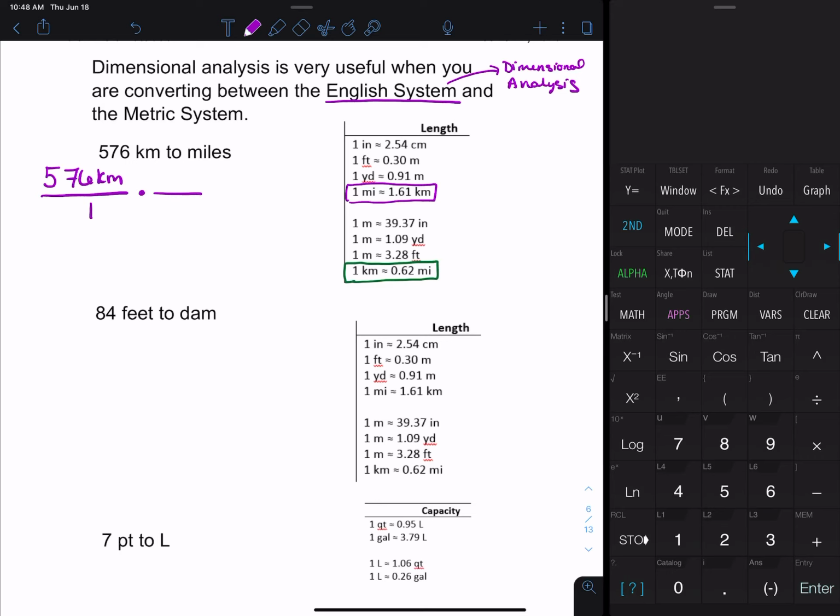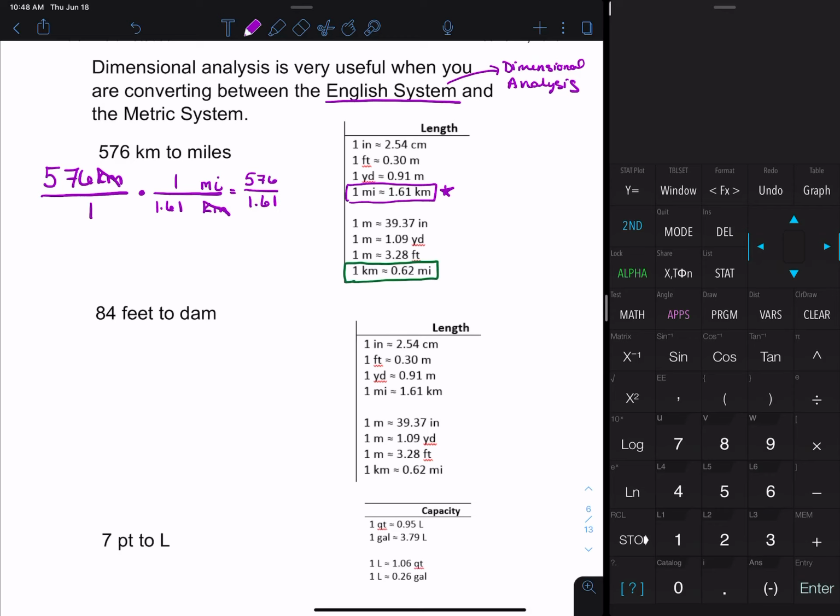Now I know when I'm using my dimensional analysis, I want those like units diagonal from each other. So I'm going to put kilometers down here and miles up here. And if I use this conversion, 1 mile is 1.61 kilometers. So I'll multiply straight across to get 576 over 1.61.